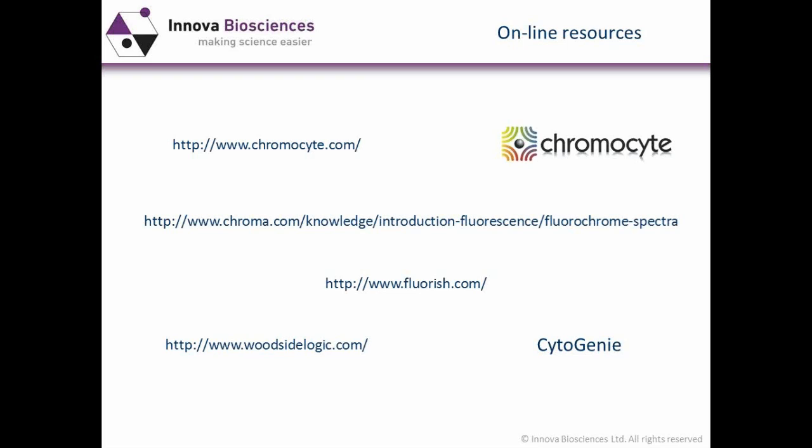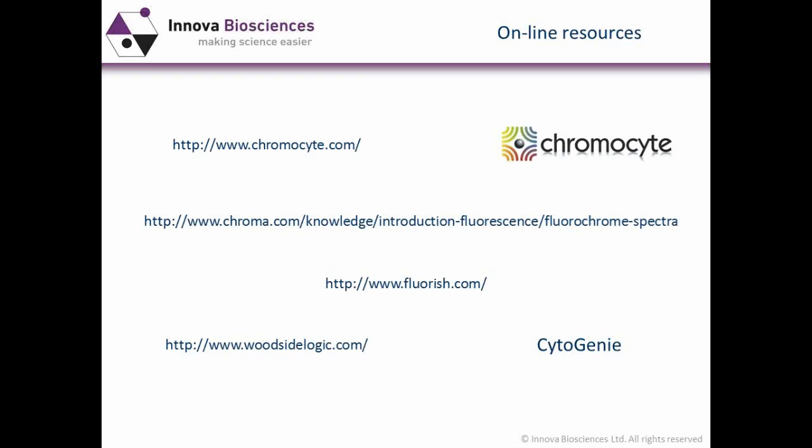Chromosite.com, Flourish.com, and Cytogeny on the woodsidelogic.com address all have tools that will help you to design your experiments. It will give you details of brightness of different fluorochromes and the overlap and the compensation that you expect between those different fluorochromes.